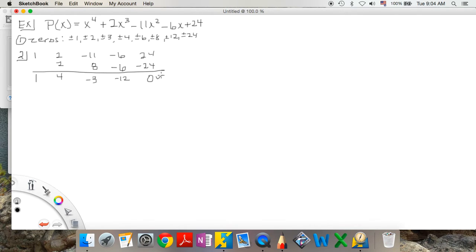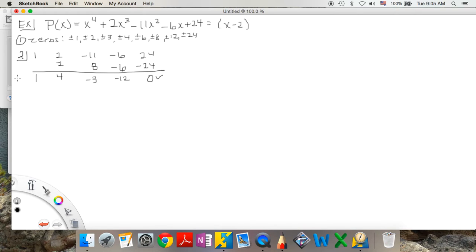So that means that we're good with that. So far we know that this factors down to x minus 2 times x cubed plus 4x squared minus 3x minus 12. But we need to factor that down further, at least to the quadratic, so that we can find our zeros.